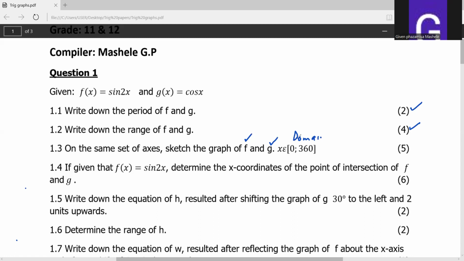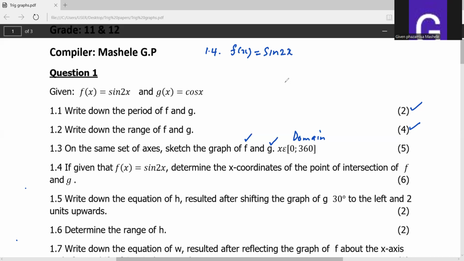It means we need to sketch the graph from 0 to 360 degrees. Before we sketch the graph, let's now answer 1.4, because there are some other things that I want us to look at when we sketch the graph in question 1.3. It says that you are given f of x, which is equal to sine 2x.